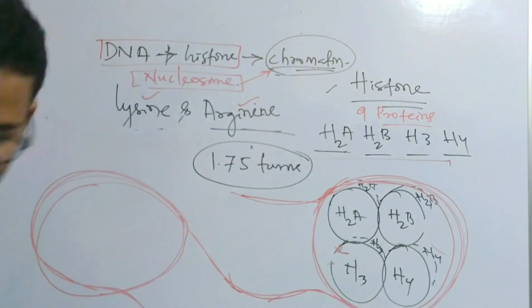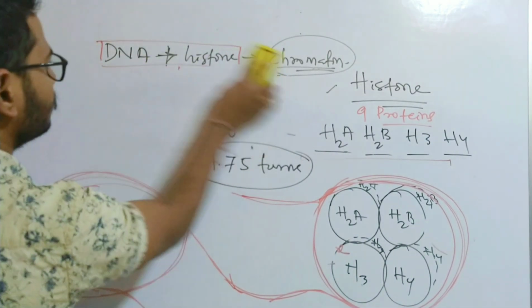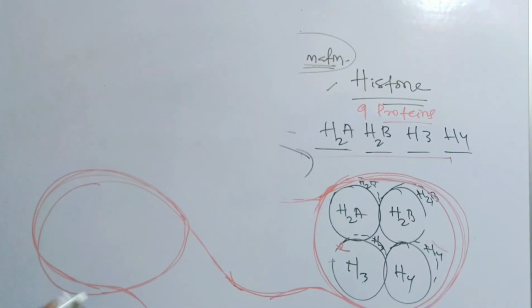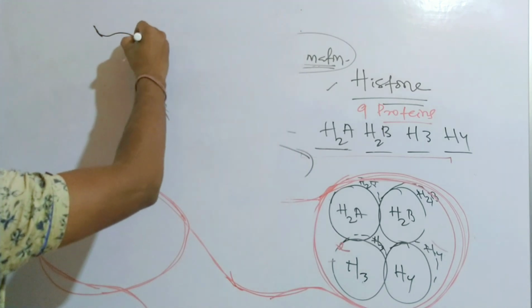So the structure will be like this. If I draw it here, it will be like this. It is the thread of DNA.